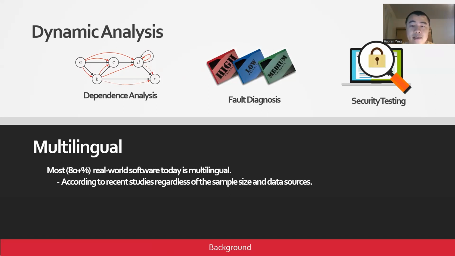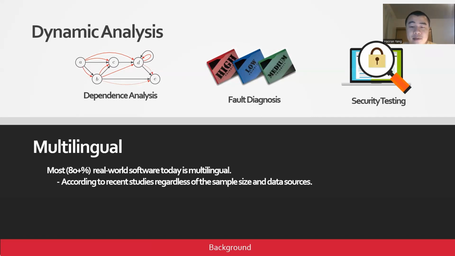Dynamic analysis has enabled a variety of software quality assurance applications, including, for example, dependency analysis, fault diagnosis, and security testing. In the meantime, the most recent study confirmed the status quo about software construction.